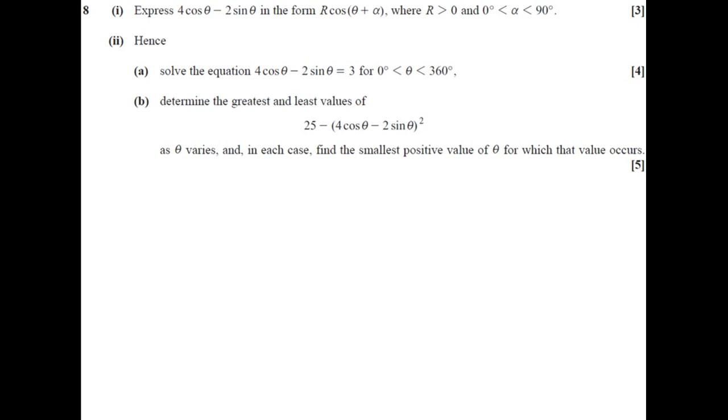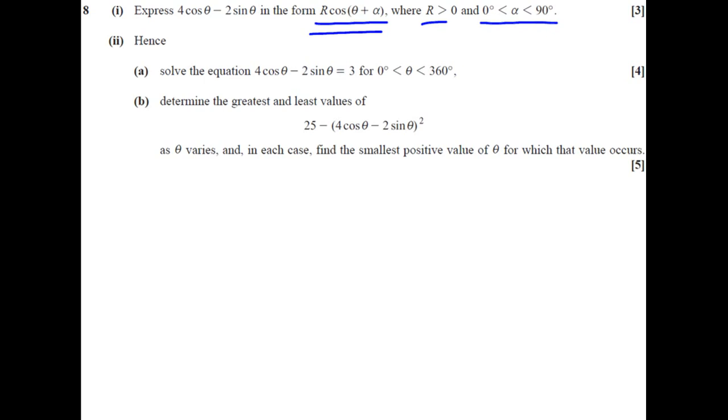Question 8. Express 4 cos theta minus 2 sin theta in the form r cos(theta plus alpha). R is greater than 0 and alpha is between 0 and 90. This is where you will need your green formula book, and you're going to need the formula in particular for r cos(theta plus alpha).